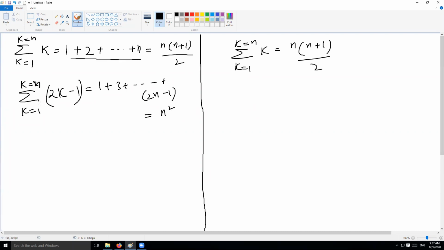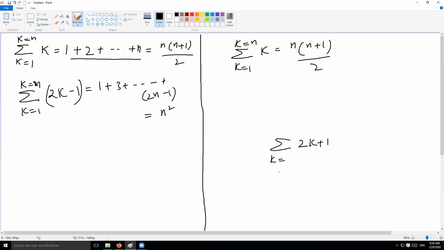And you have to see that if you substitute k equal to 1, what are you going to get? 1. And for k equal to n, you get 2n minus 1, so it should be okay. If you want to start from 2k plus 1, then you have to start the k from where, so that you can get a 1? 0.